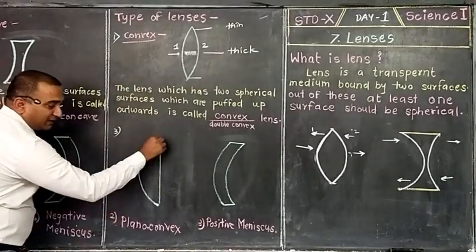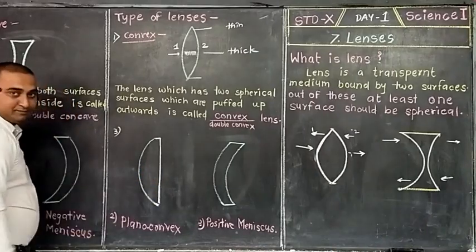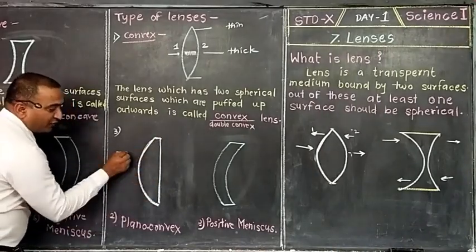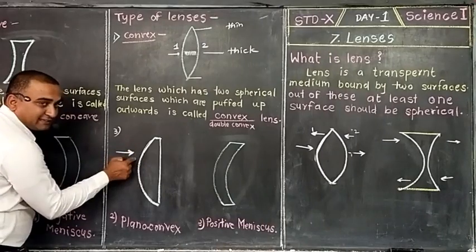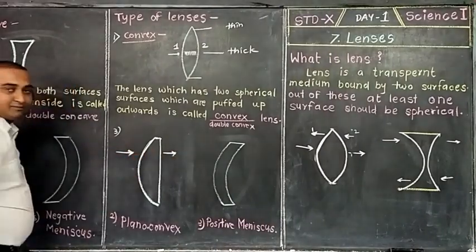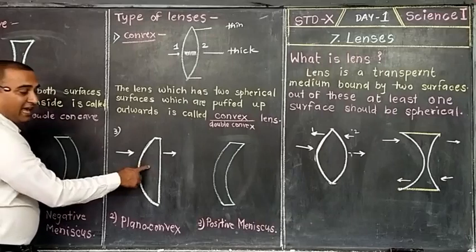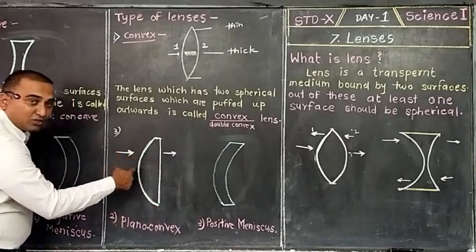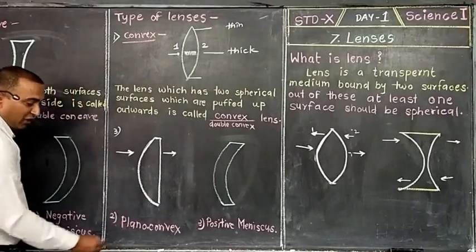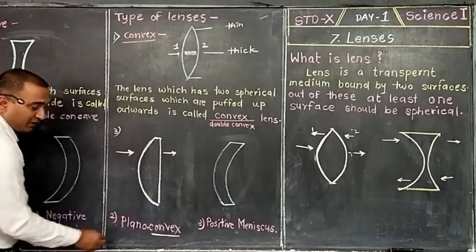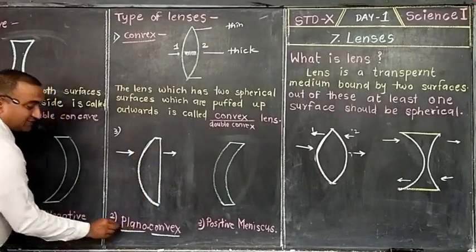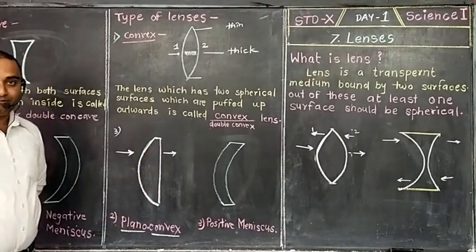This part of the lens is plane, but here we have a spherical surface, from which light enters and emerges out. When the lens has one surface plane and one surface outwardly bulged, it is convex, but because the second surface is plane, it is called plano-convex.